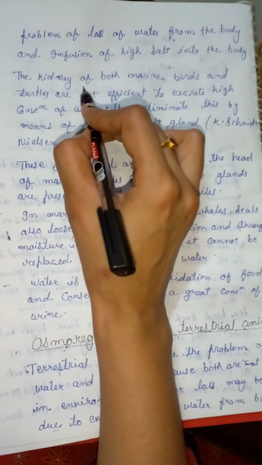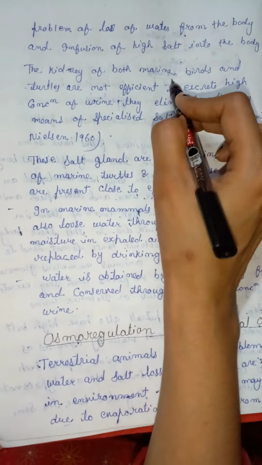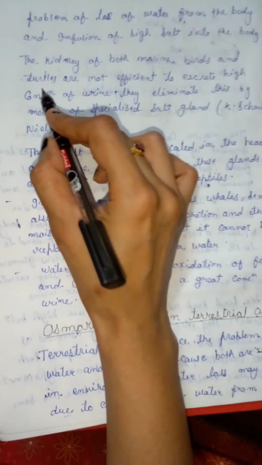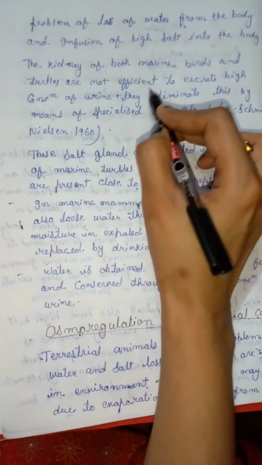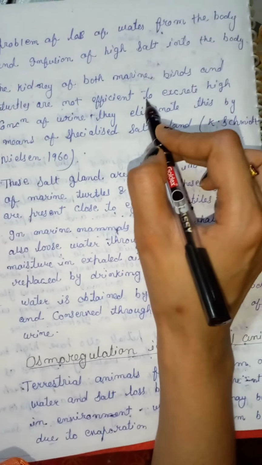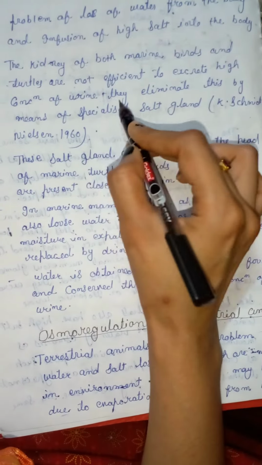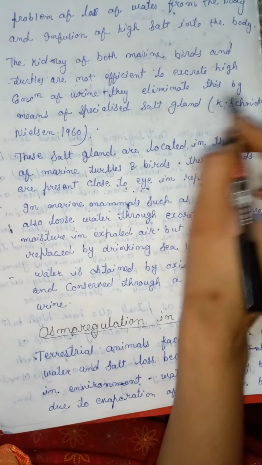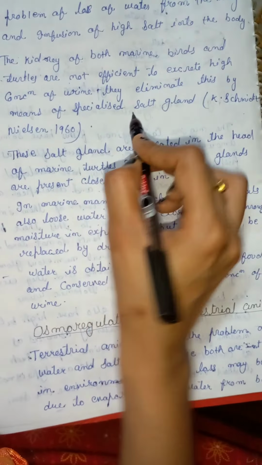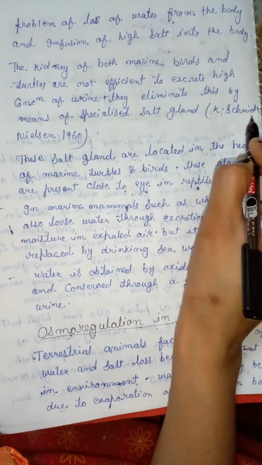The kidneys of both marine birds and turtles are not efficient to excrete a high concentration of urine. They eliminate this by means of a specialized salt gland.